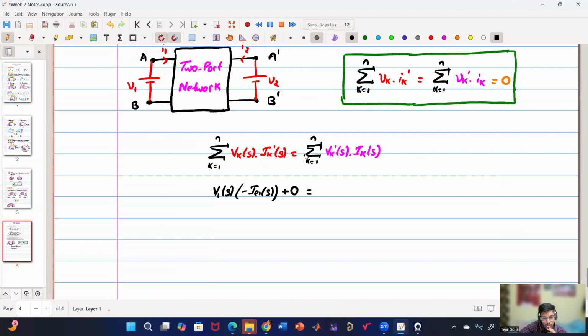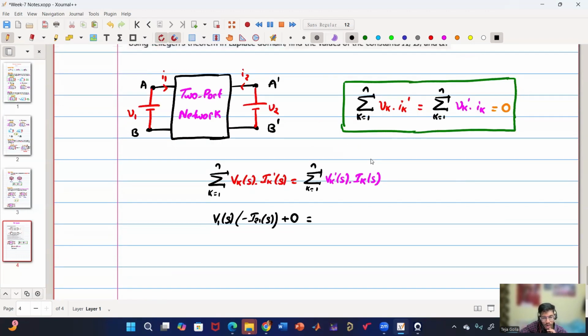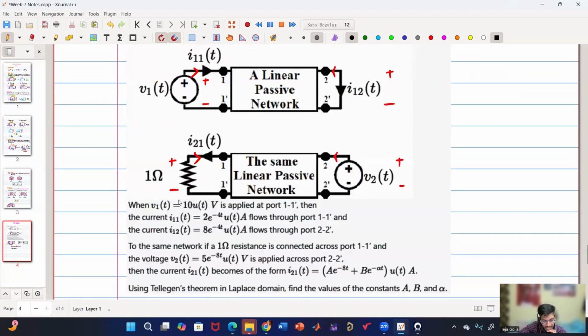Now we are going to the second side, RHS side, which is Vk dash of S into Ik of S. So the voltage of the second network into the current of the first network. So the voltage here is what? 1 into I21, right? Across this resistance.